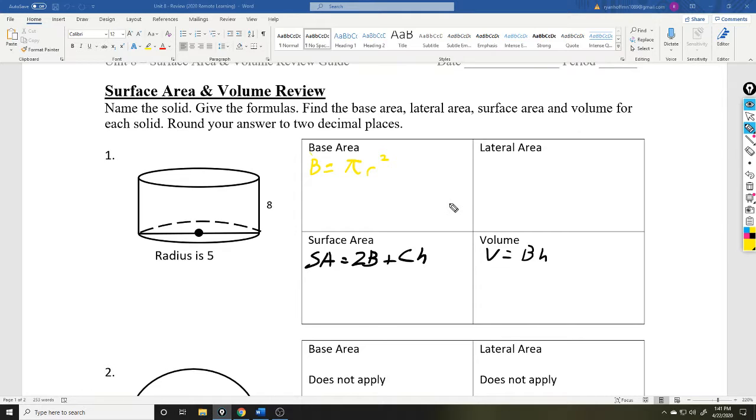And we're going to use those formulas for area and circumference in that chapter. So just make sure you know those formulas. Pi r squared, our radius is 5. So that's 25 pi. So that's our base area is 25 pi.